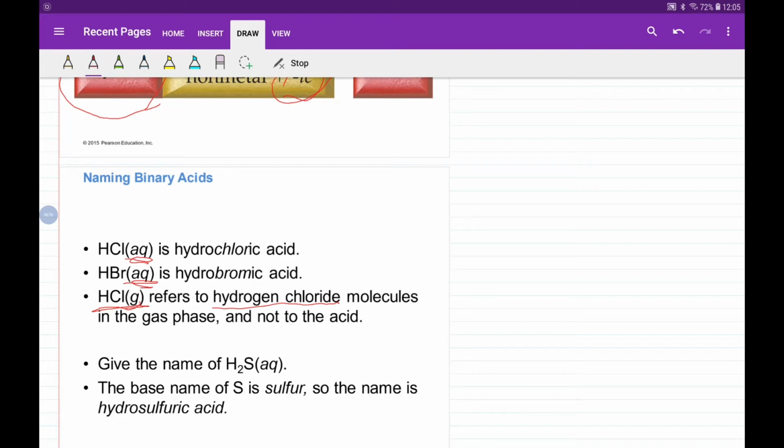Now, the number of hydrogens in an acid has to do with the charge on the anion. We know that Cl has one charge, Br has one charge, so they're going to combine with only one hydrogen. So we can have HCl and HBr.